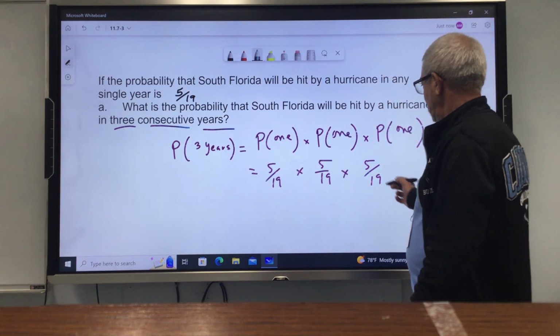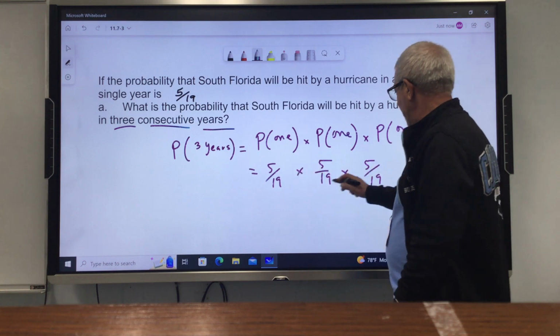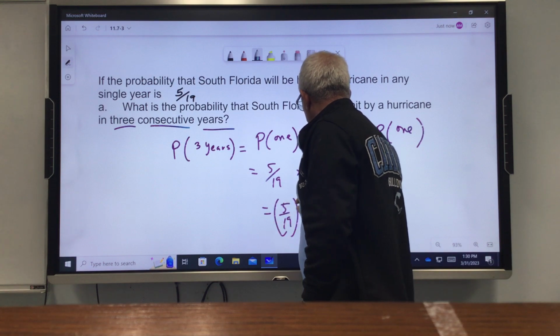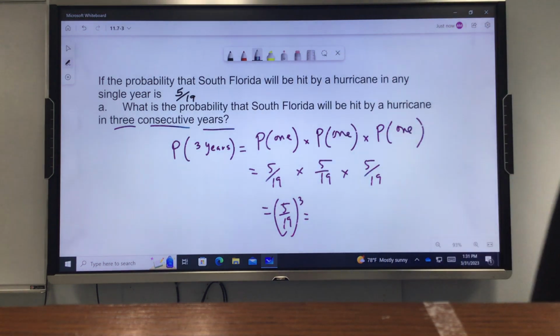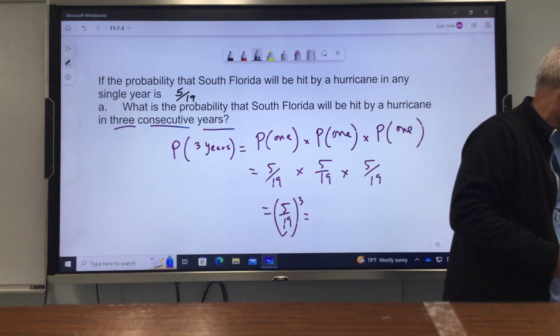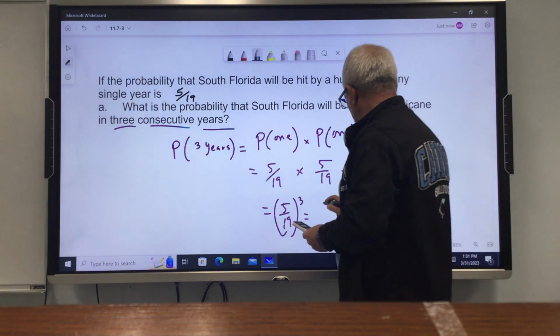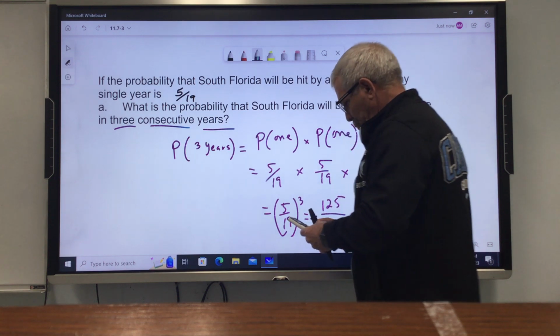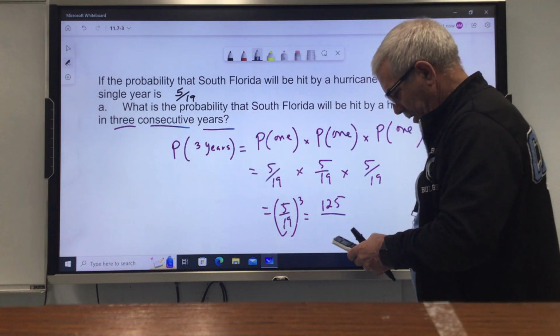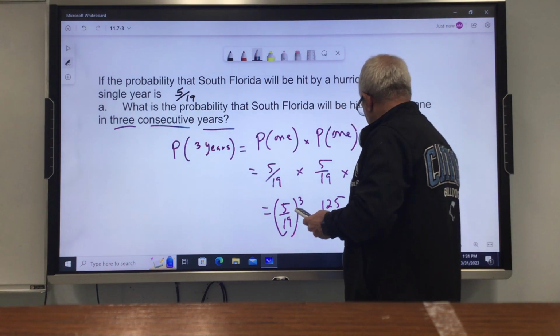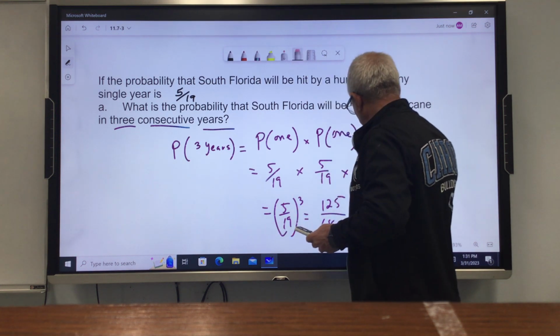Or you multiply 5 by 5 by 5 and 19 by 19 by 19, which is the same as 5/19 to the power 3. 5 to the power 3 is 125. 19 times 19 times 19 is 6,859.